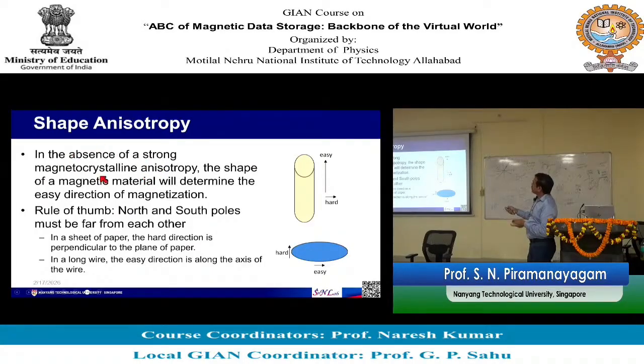So when the magnetocrystalline anisotropy is weak, then the shape of the magnetic material will determine the direction of magnetization. So if you look at this horseshoe, because they have made a very long cylinder, north and south pole are far away, so this is the easy direction. So they can magnetize like this, then they will bend it to this shape. Okay, so this is an example of shape anisotropy.